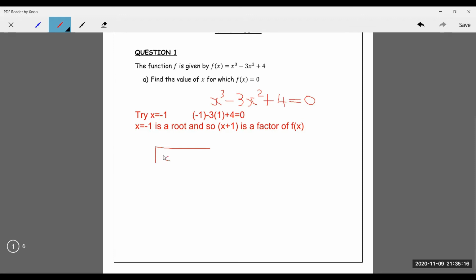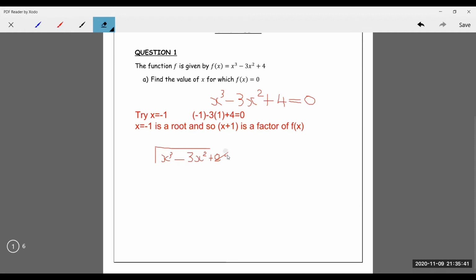So we have our x cubed, we have our minus 3x squared. Now, when you're setting up polynomial divisions, the important thing I want you to note is that we don't have any x in there, and so we can put a 0x and then put a plus 4.